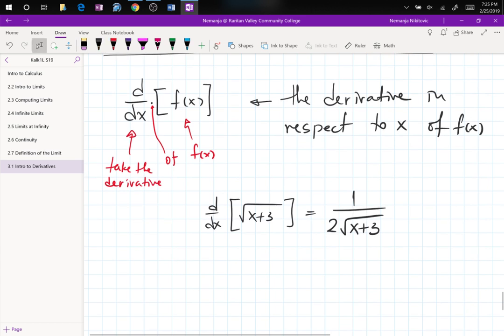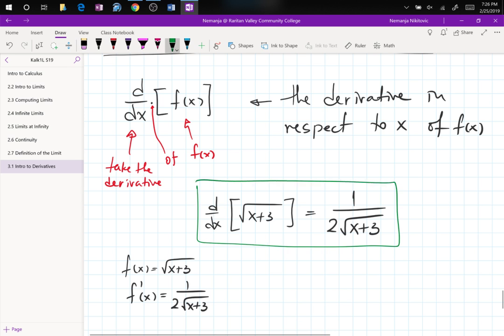If you want to use Newton's notation, you have to use 2 lines. You have to say, okay, my function f of x is root x plus 3, and then you have to go to a new line and say the derivative is 1 over 2 root x plus 3. So you either use this as a notation, or you use this as a notation, right?